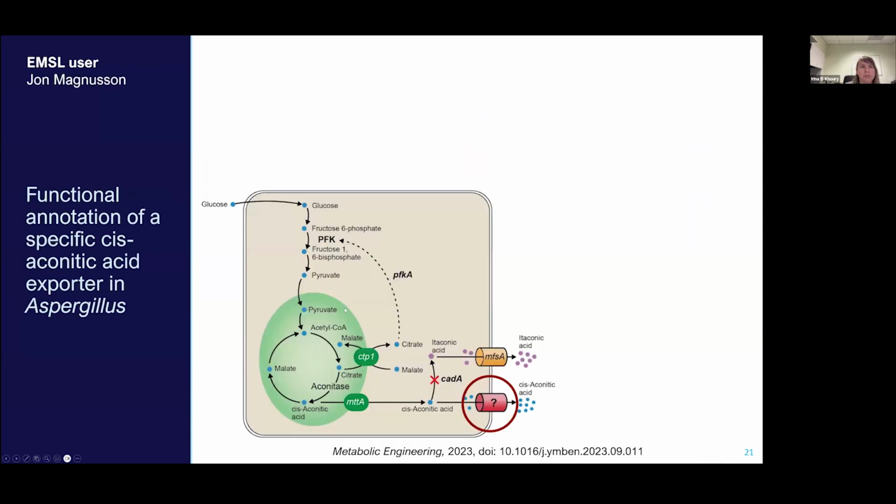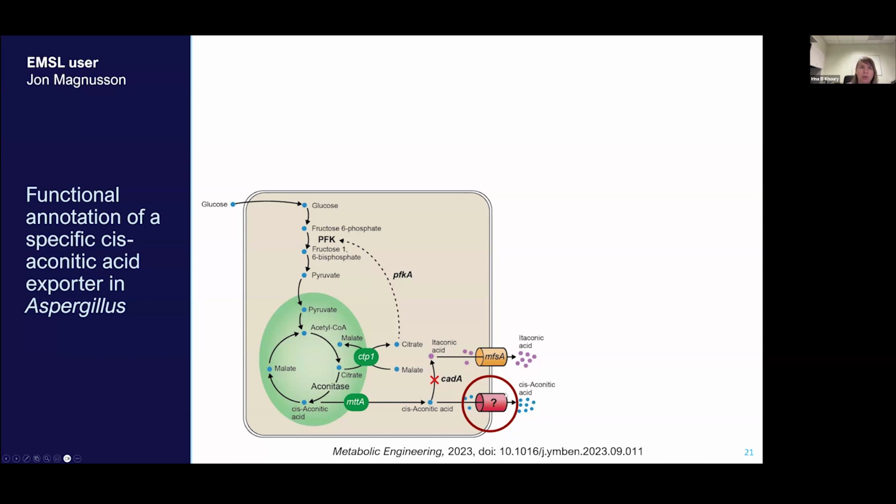That is similar to the previous approach. We used a similar strategy with another EMSL user, John Magnusson, who had a strain of Aspergillus. That particular strain exhibited an elevated production of cis-aconitic acid.